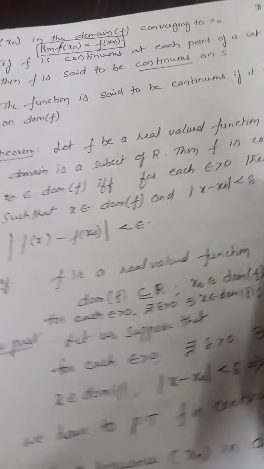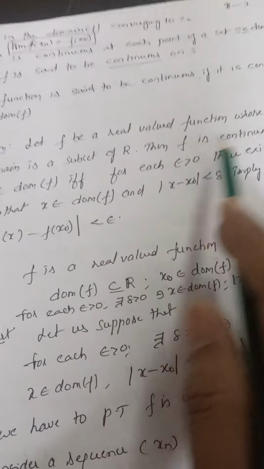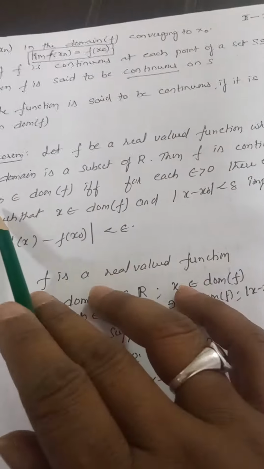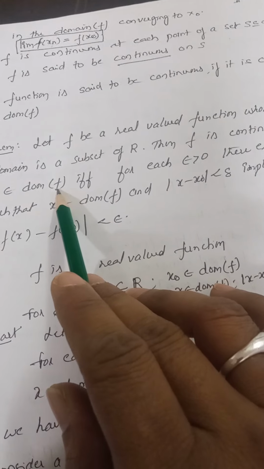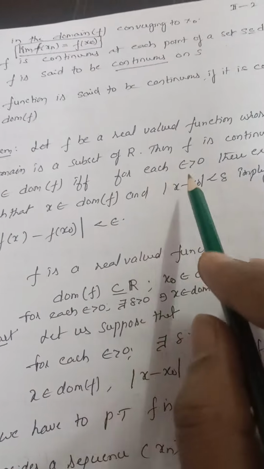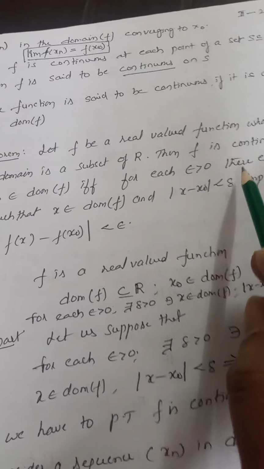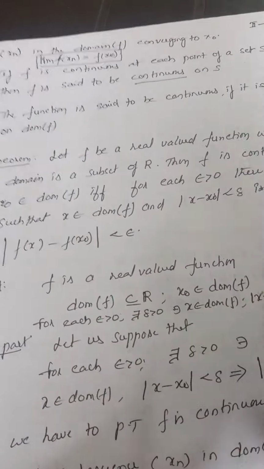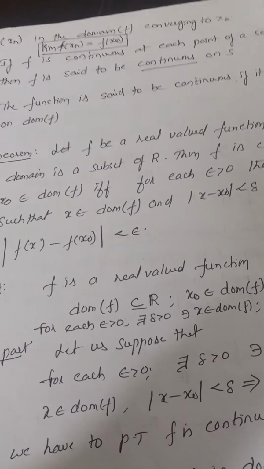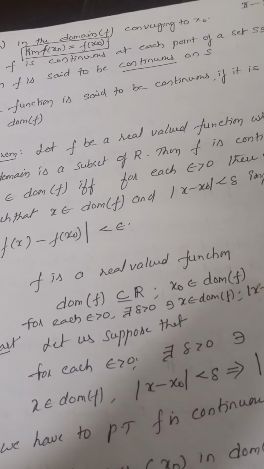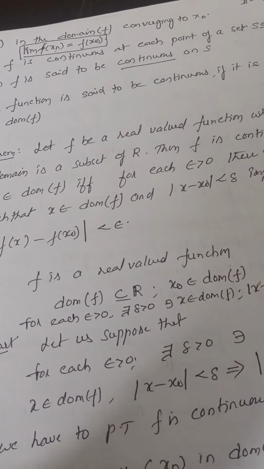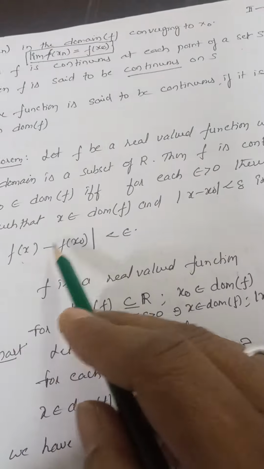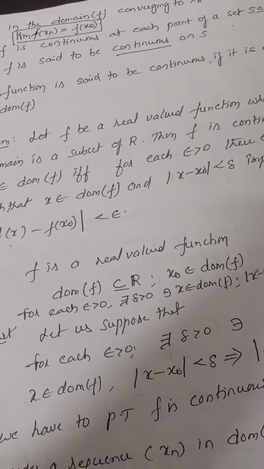Now, there is an important theorem. First theorem: let f be a real valued function whose domain is a subset of R. Then f is continuous at x naught belonging to the domain of f if and only if for each epsilon greater than 0 there exists delta greater than 0 such that x belongs to the domain of f and mod of x minus x naught less than delta implies mod of f of x minus f of x naught less than epsilon.